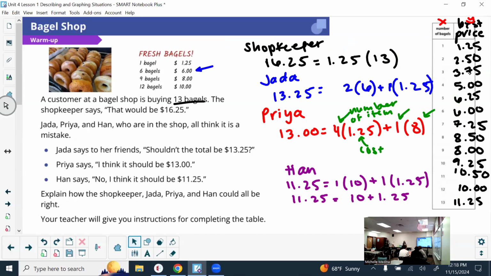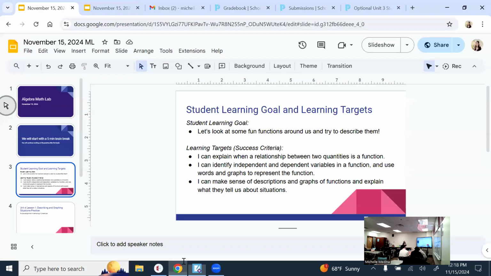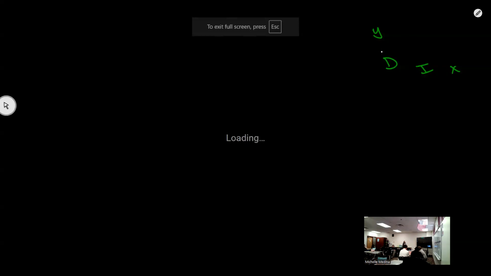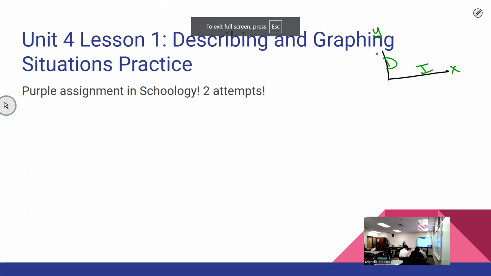All right, so function of x, which we'll talk about more after function notation. I think it'll make a little more sense. But for right now, just be able to describe situations, identify whether or not they are functions. What else? Independent and dependent variables.